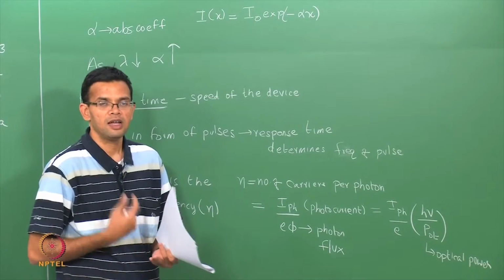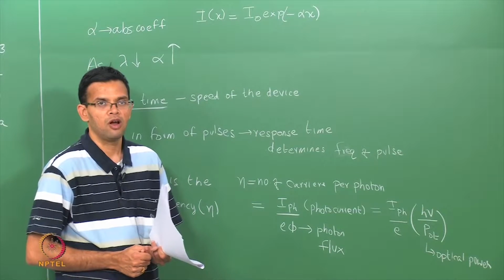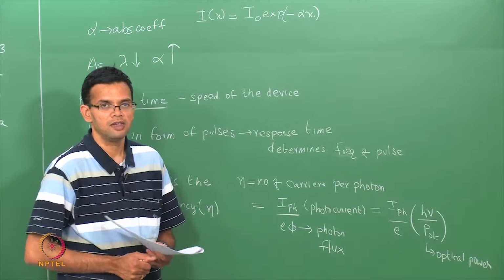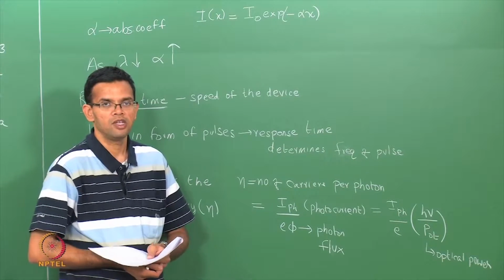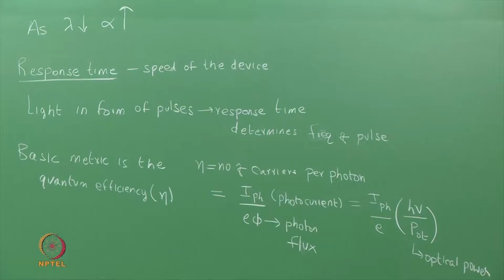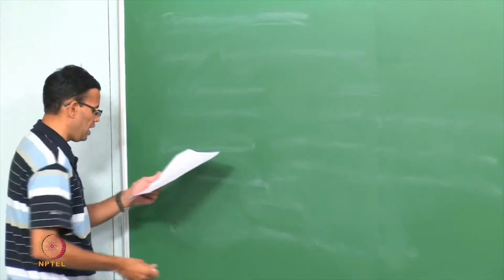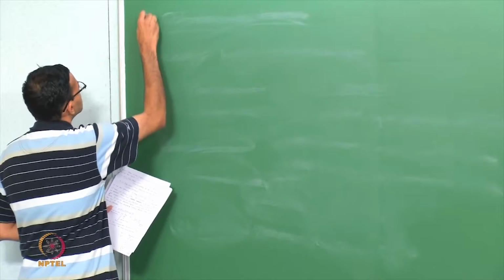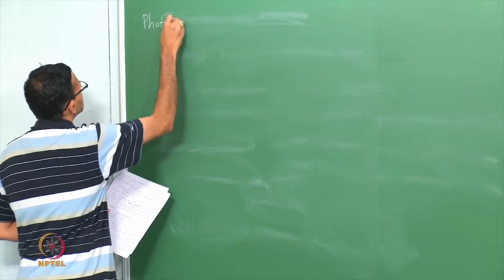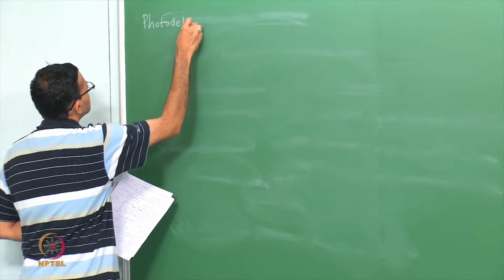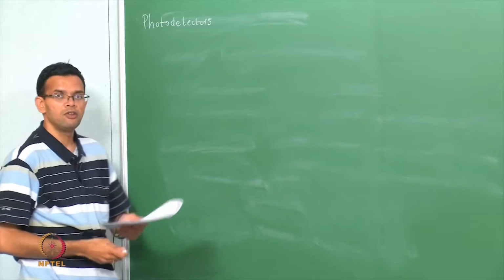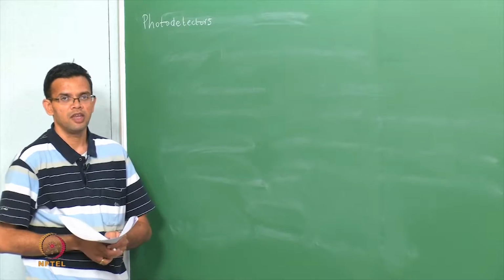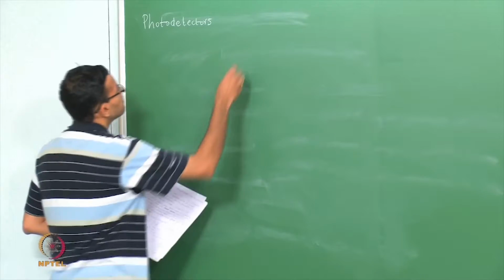Now, there are different kinds of these detectors, all having different values for gain and response time. So, let me just tabulate some of these types of photodetectors. So, we will look at some of the types of photodetectors, and then we will look at a comparison of their gain and the response time.